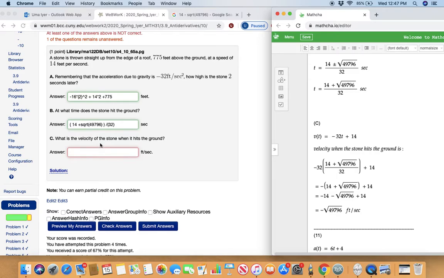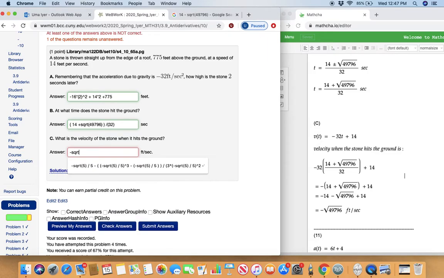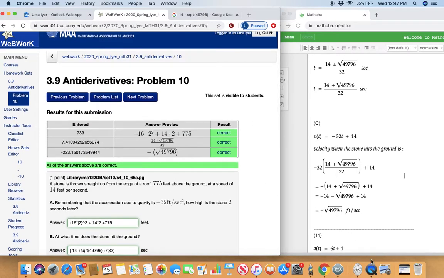So notice velocity is negative because you're hitting the ground; that is, you're falling down. So it's a negative. Okay, so I hope this is correct. Negative square root of 49796. Okay, it is correct. Until next problem then.